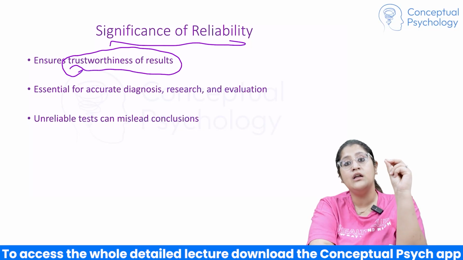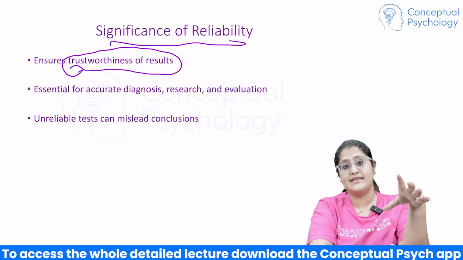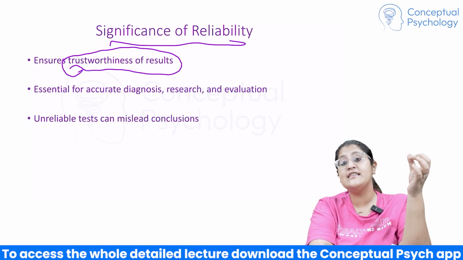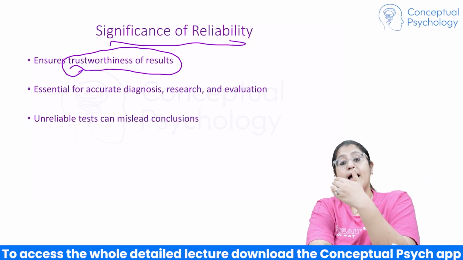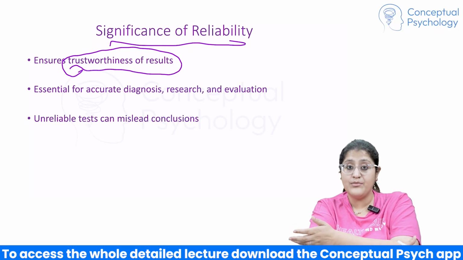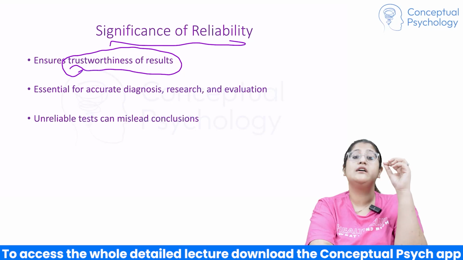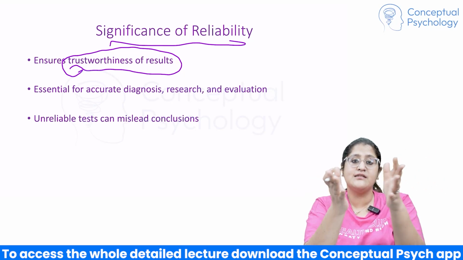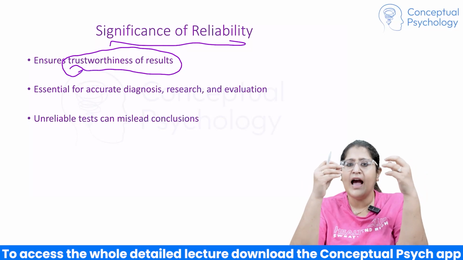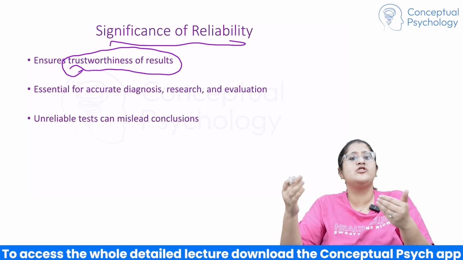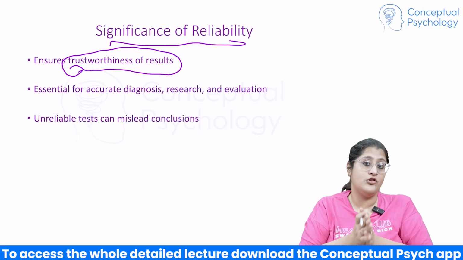They are all sort of agreeing with each other within the test. You can say that the test is accurate, right? Or if different examiners are giving the test to the population and it is showing similar results, you can say that it is accurate because you are getting confirmation again and again.